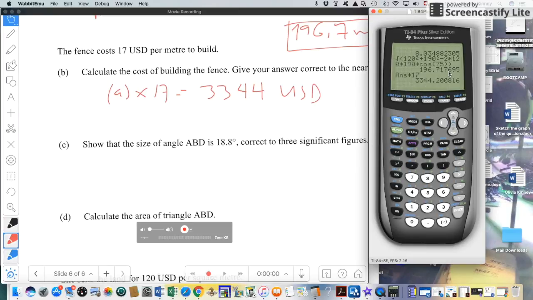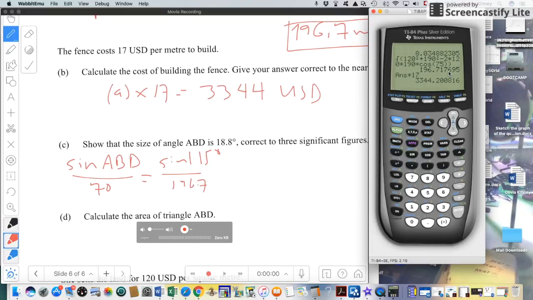So that's the sine of ABD divided by its opposite side, which was 70, is equal to the sine of the other angle, 115 degrees, divided by 196.7. And then I'm going to solve that equation for ABD.